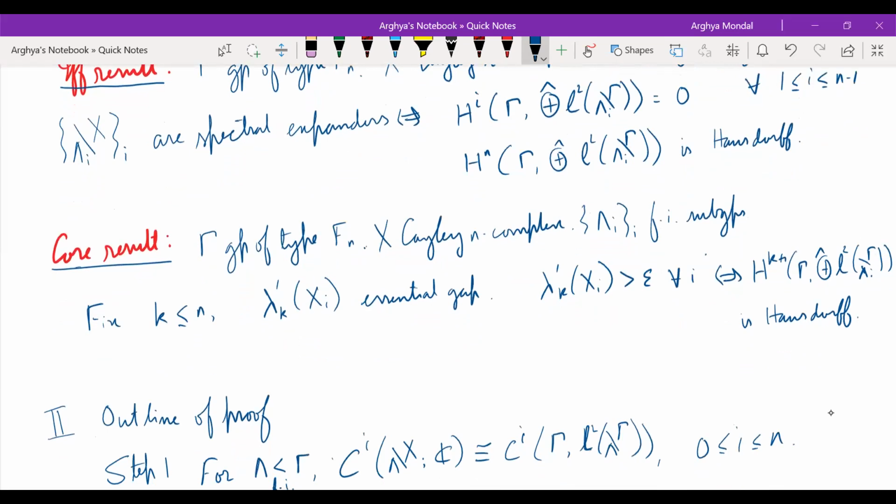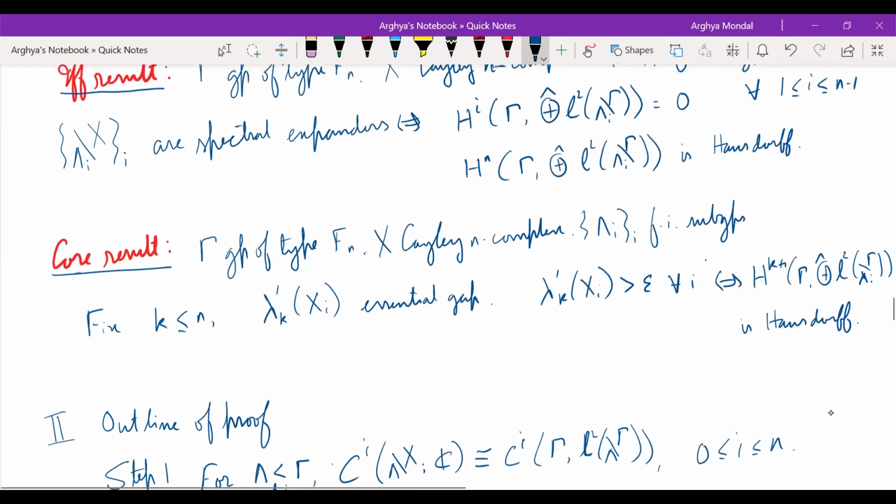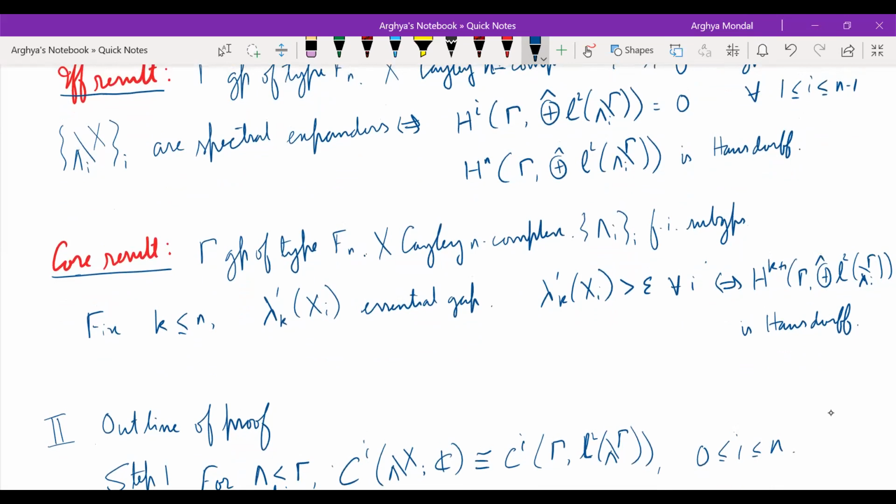This Hausdorffness, it assumes the closure of the boundary, no? It assumes that the set of boundaries is closed. Yes. So then why don't you look at the reduced cohomology?